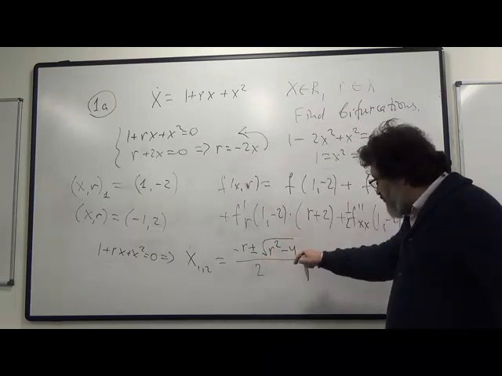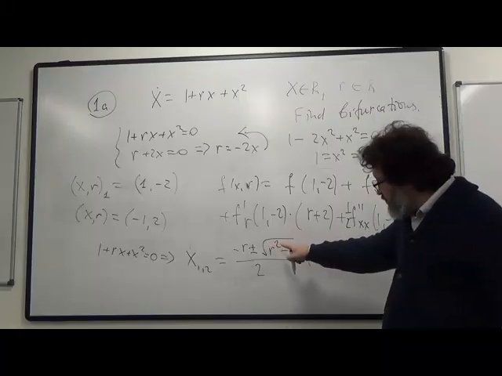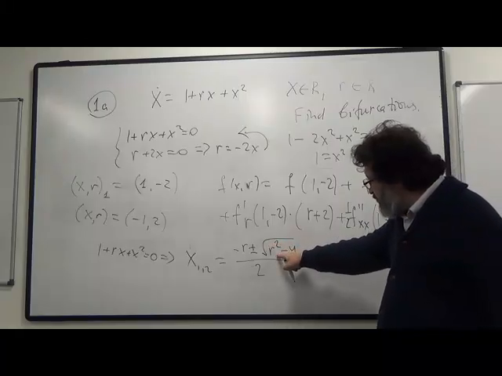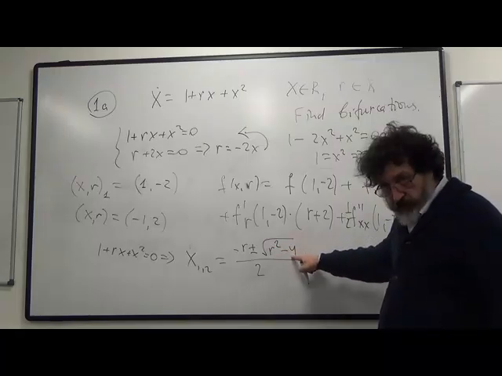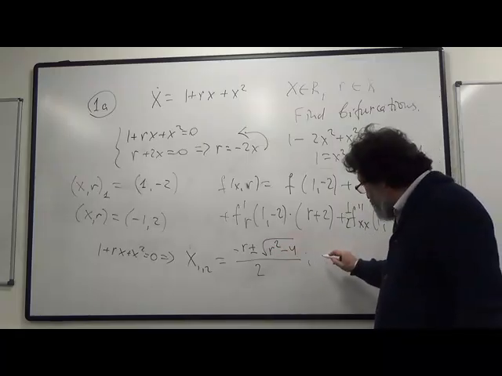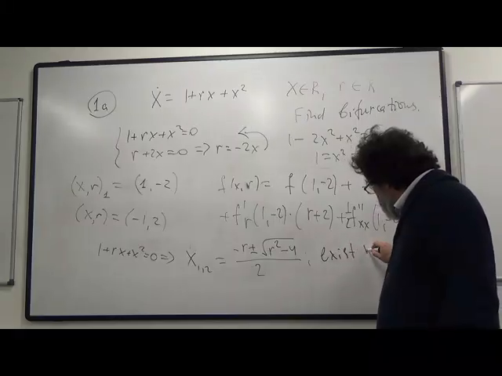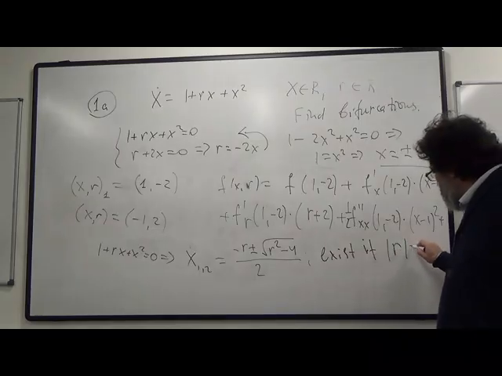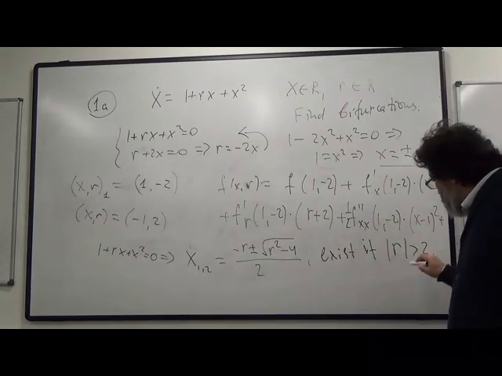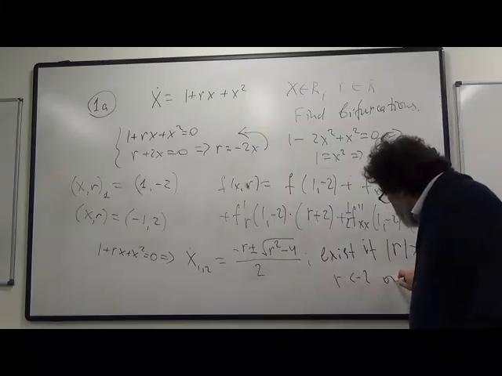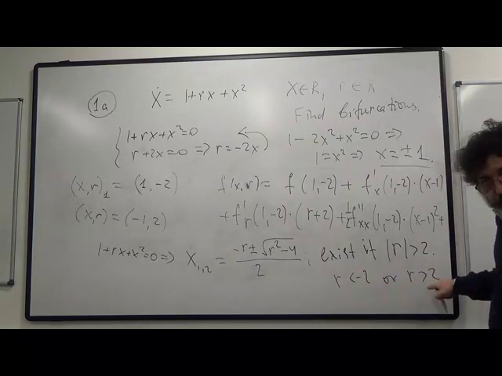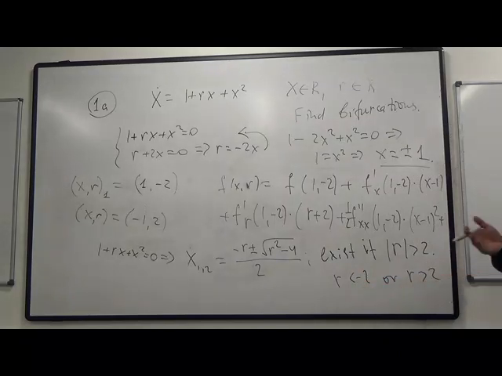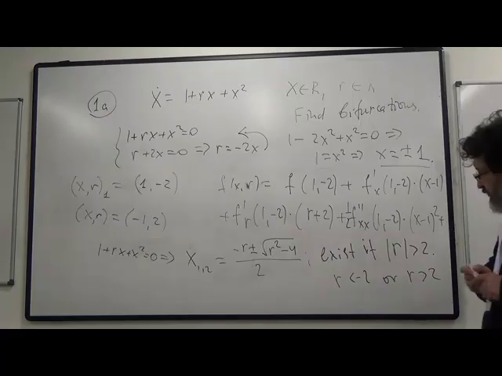And then we can see that they exist when r squared is more than 4, which means that r is less than minus 2, or r is more than 2. So minus 2 and 2 will be our bifurcations. And we see in both cases there appear two roots. The only way to conclude it is to find out which root is stable, which one is not.